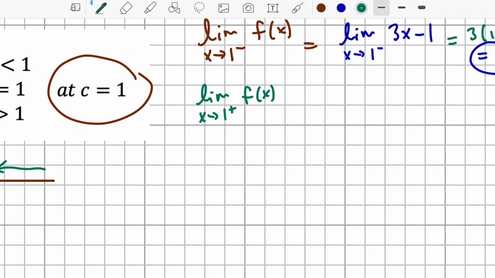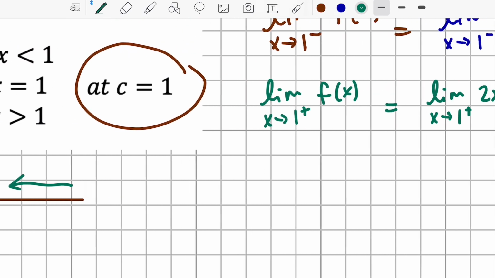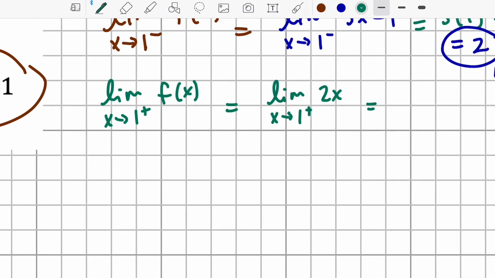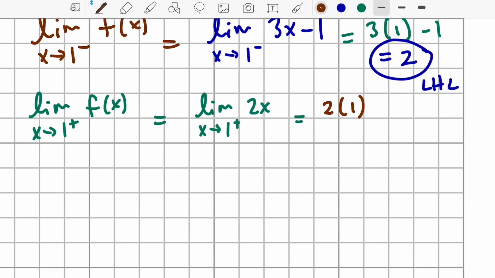So it's 2x. So now we rewrite it. Limit as x approaches 1 from the right. Our function was 2x. Let me double check. Yes. So now we do direct substitution. That means plug it in. So it's 2 times 1, which is 2.